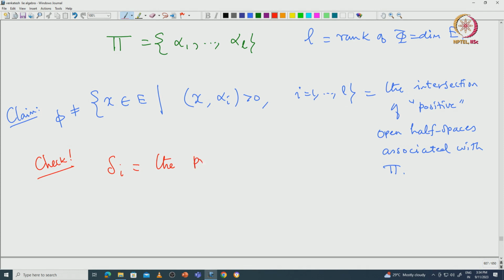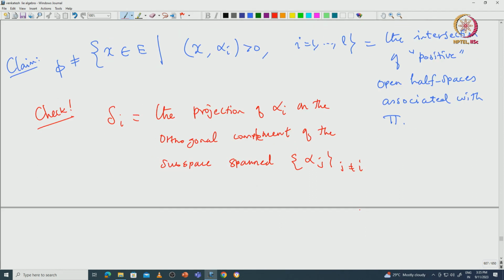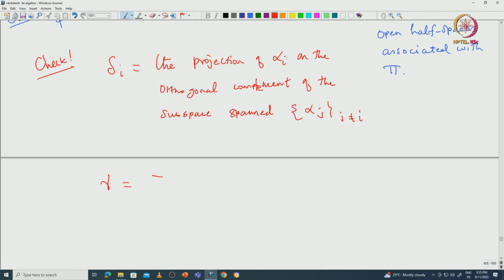You take the projection of alpha I on the orthogonal complement of the subspace spanned by all basis elements except alpha I, that means all alpha j where j is not equal to I. Then you can consider this gamma, which is summation R I delta I, where I ranges from 1 to L and R I is positive.